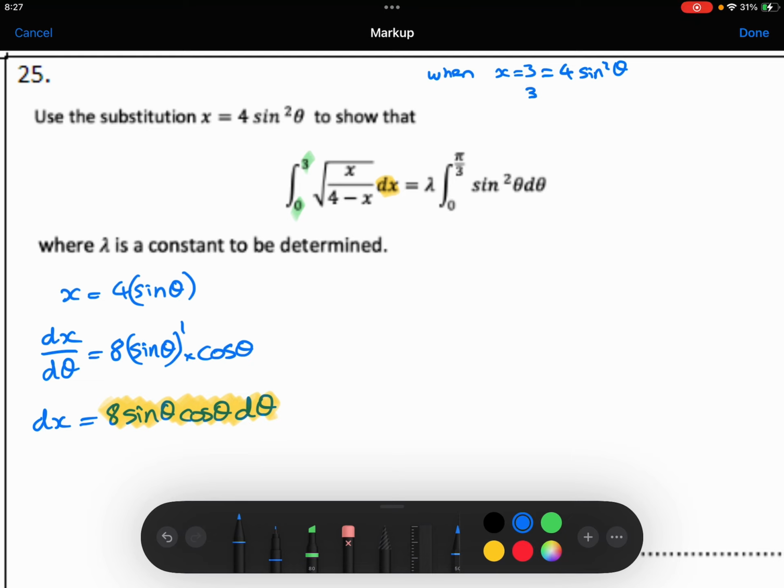So if I divide both sides by 4, and then square root both sides, then do sine inverse of the root 3 over 2, I get pi over 3. So when x is 3, theta is pi over 3. So that shows why that's become that.